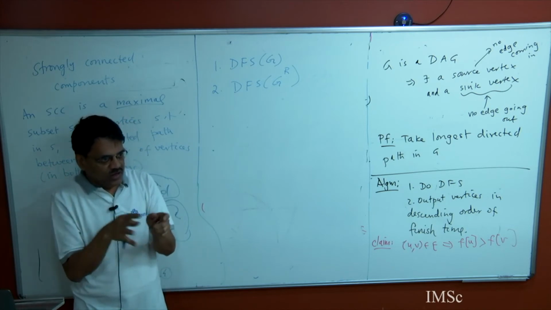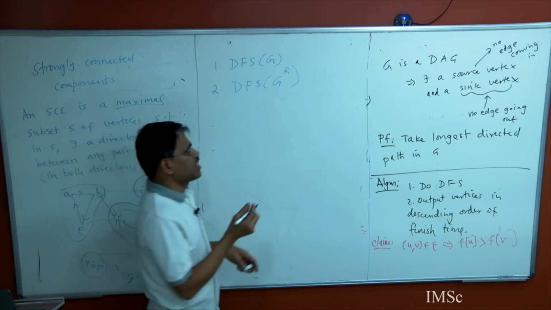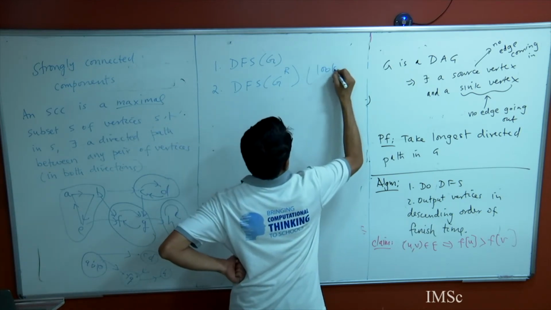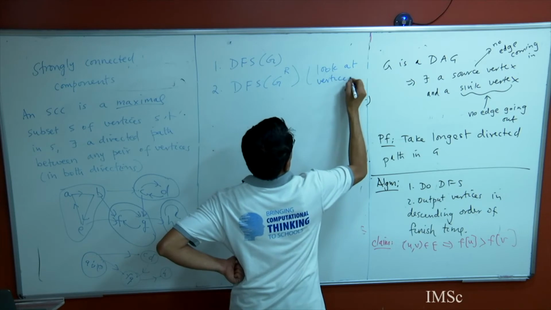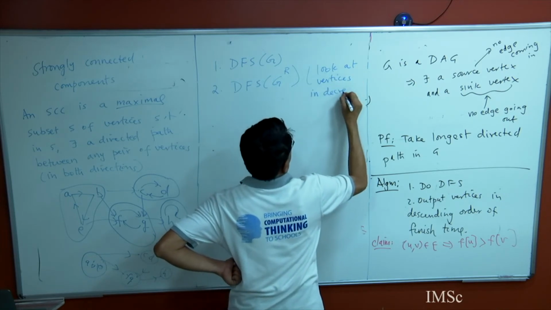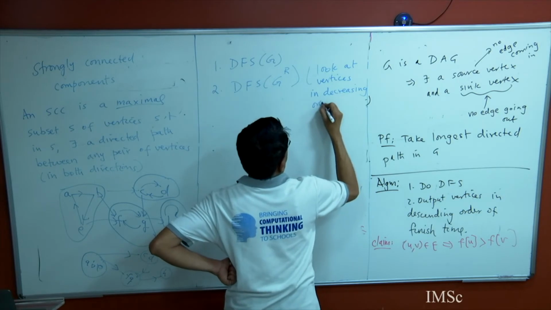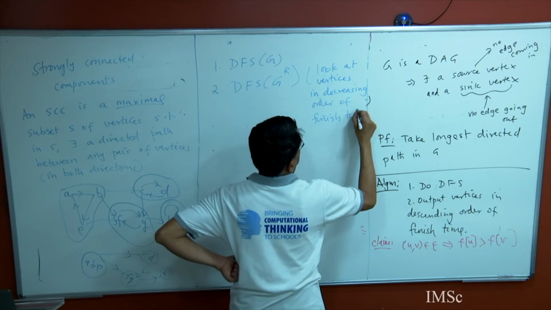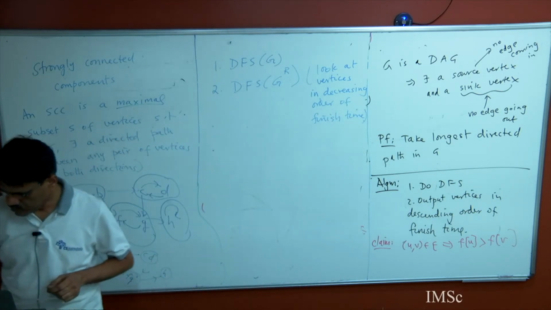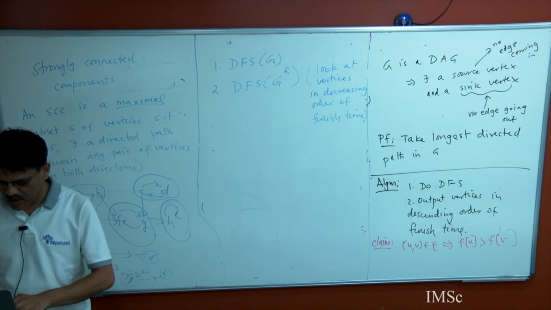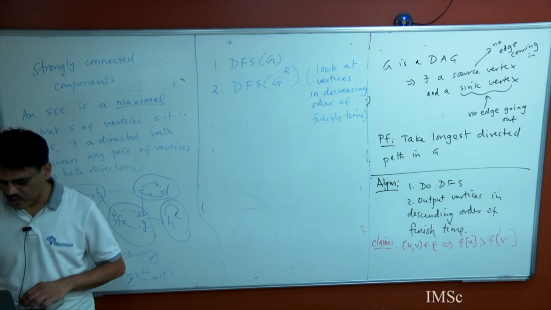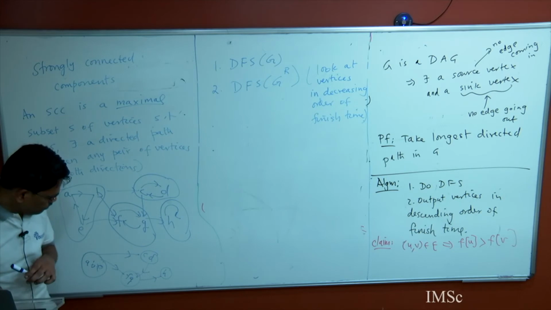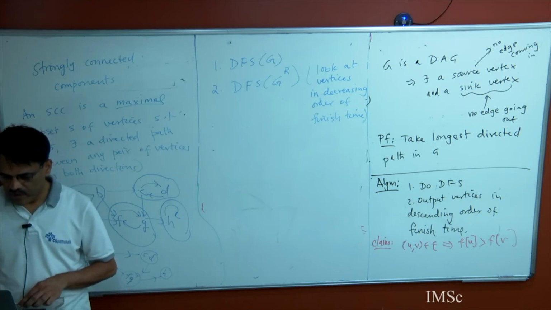In that order, just look at them in the decreasing order of the finish time. And then the claim is that what you have is basically the vertices reachable from every root. The connected components will remain connected.